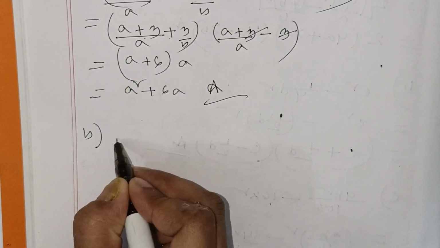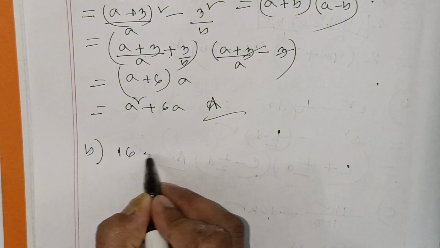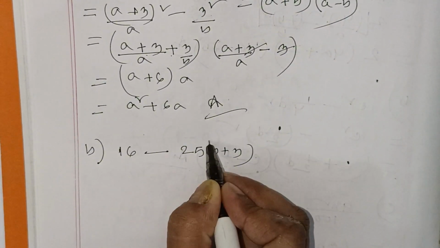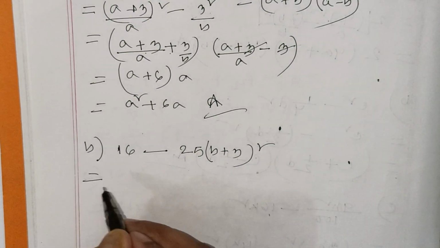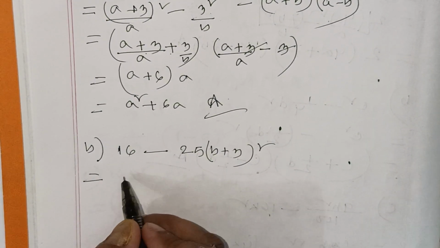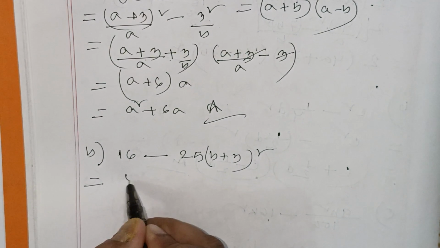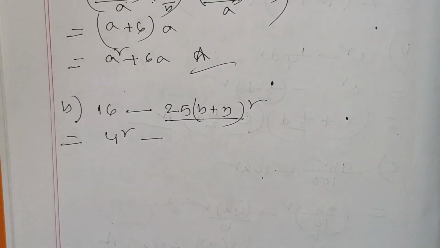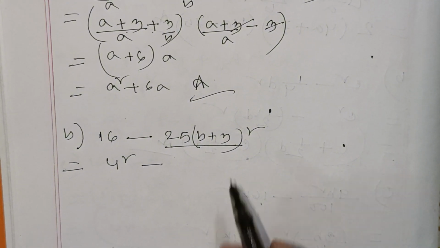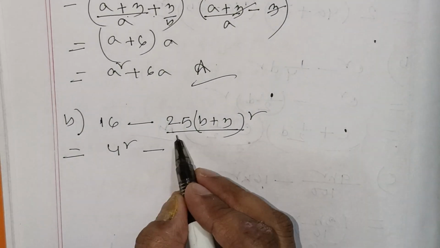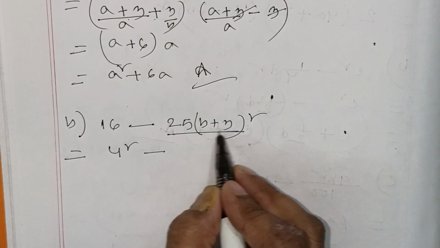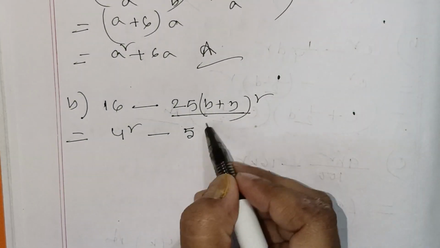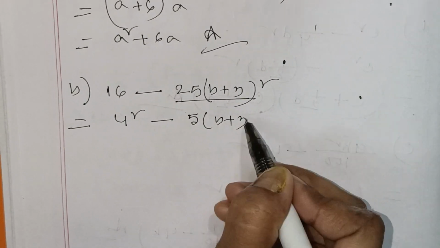Now number b. Copy the question: 16 minus 25 (b plus 3) whole square. At first we break down 16 to 4 whole square, and I use a for it. The full form 25 (b plus 3) whole square also has to be broken down, that means 25 is 5 squared and (b plus 3).